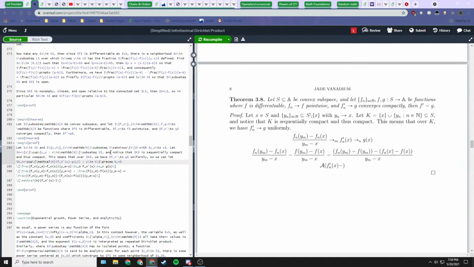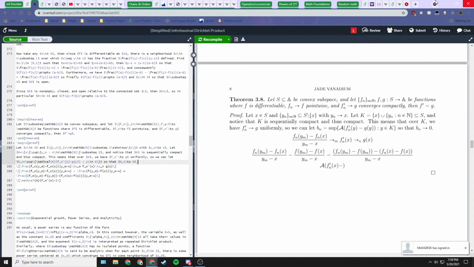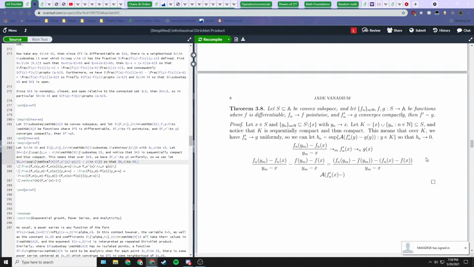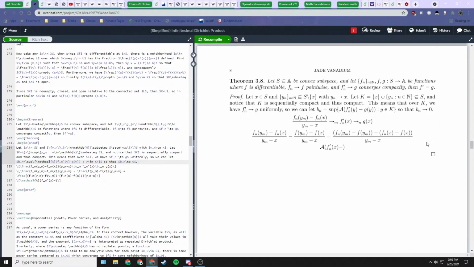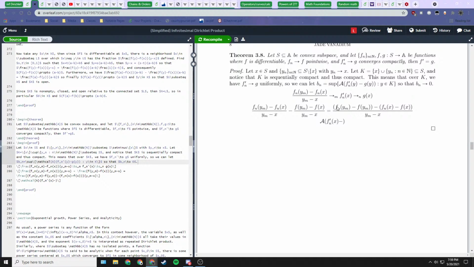Let b sub n be this, so that b sub n goes to 0. Now that we have this, this bounds this, not this one.